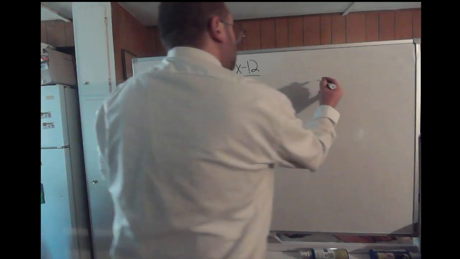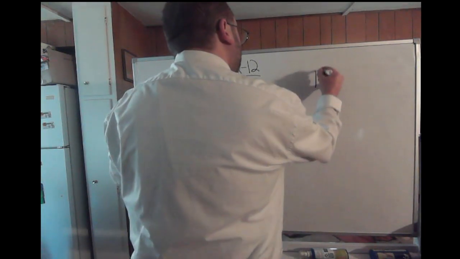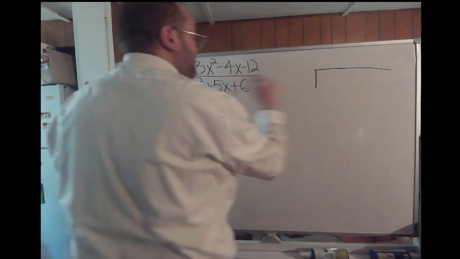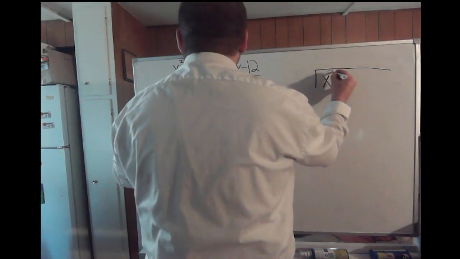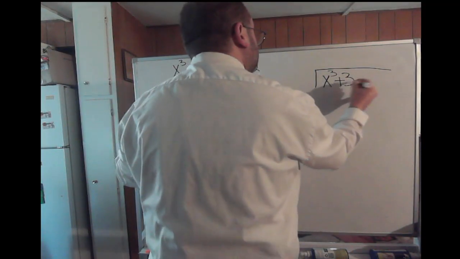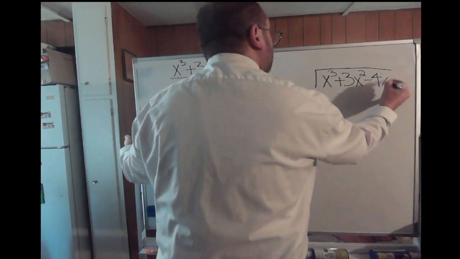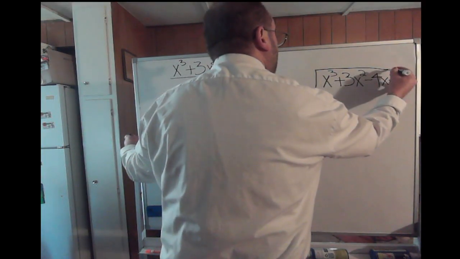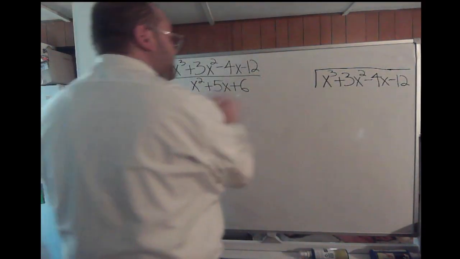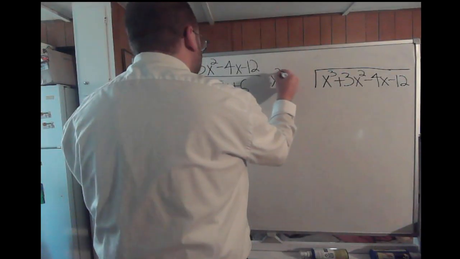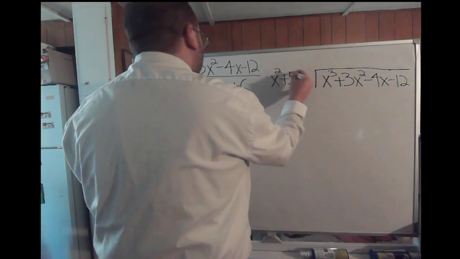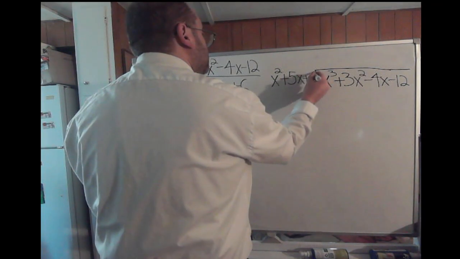Okay. Let's go ahead here, set up our division. You have your x to the third plus your 3x to the second minus your 4x minus 12. That's your dividend divided by your divisor of x to the second plus 5x plus 6.